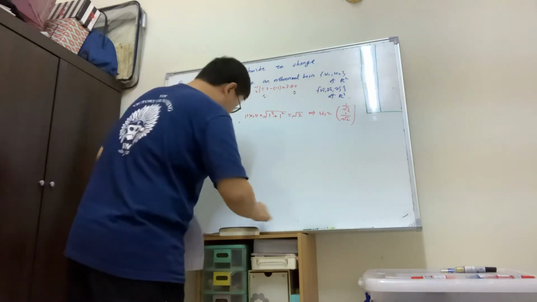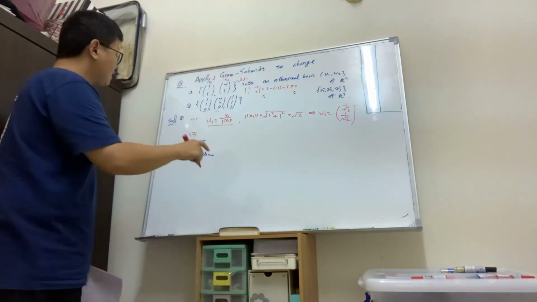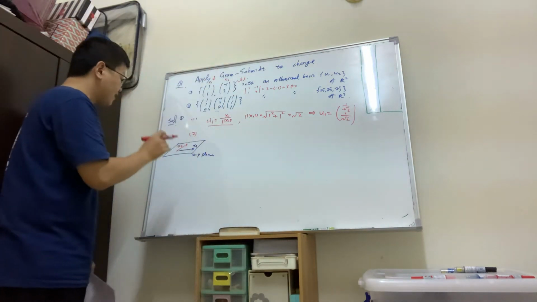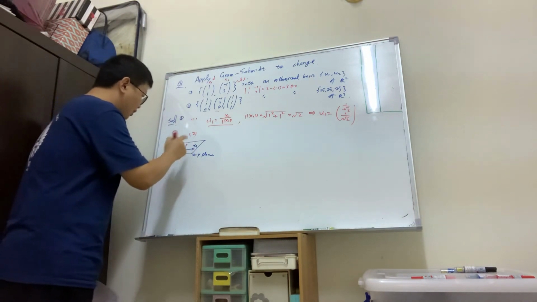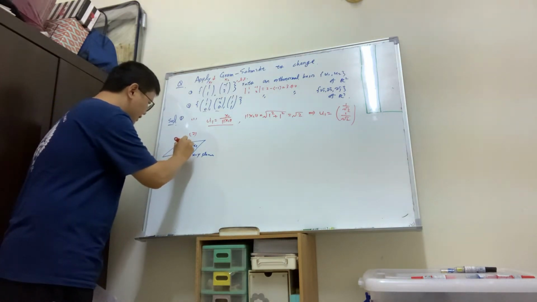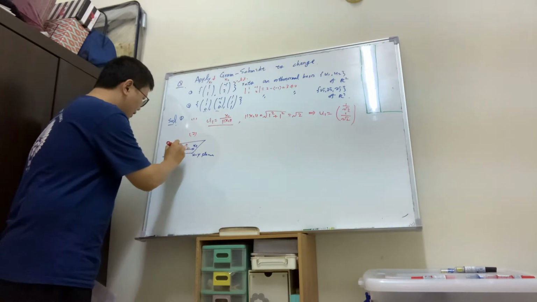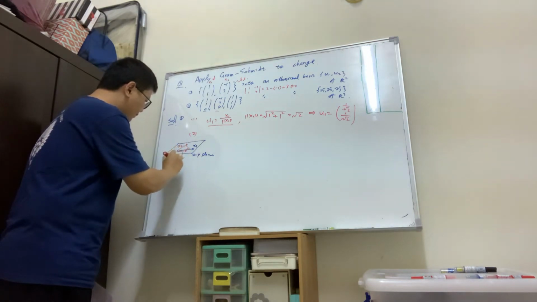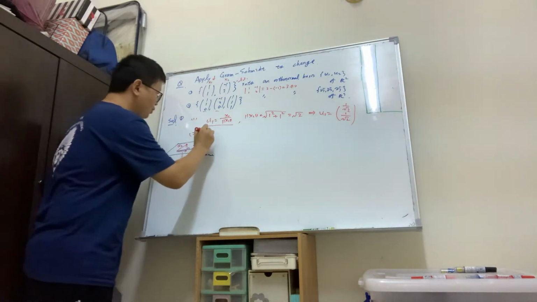Then we want to construct, by Gram-Schmidt, a vector which is orthogonal to s1. So we consider its projection, p1.